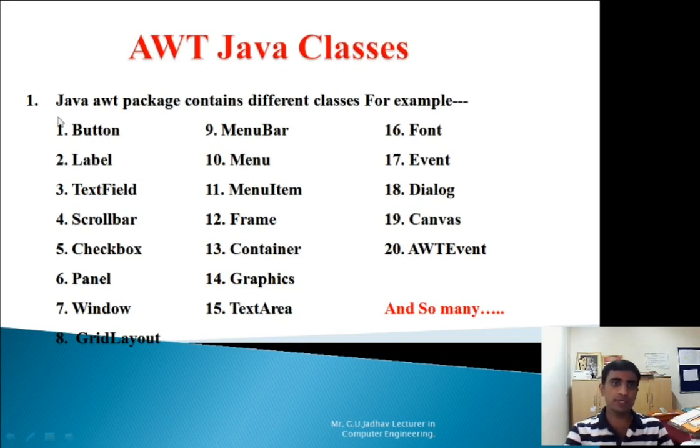For example, the first class in the AWT package, Button, with capital B. Second one, Label, with capital L. You can observe here the first letter is capital, or TextField, first letter is capital, or ScrollBar, Checkbox, again Panel, Window, GridLayout, MenuBar, Menu, MenuItem, Frame, Container, Graphics, TextArea, Font, Event, Dialog, Canvas, AWTEvent.